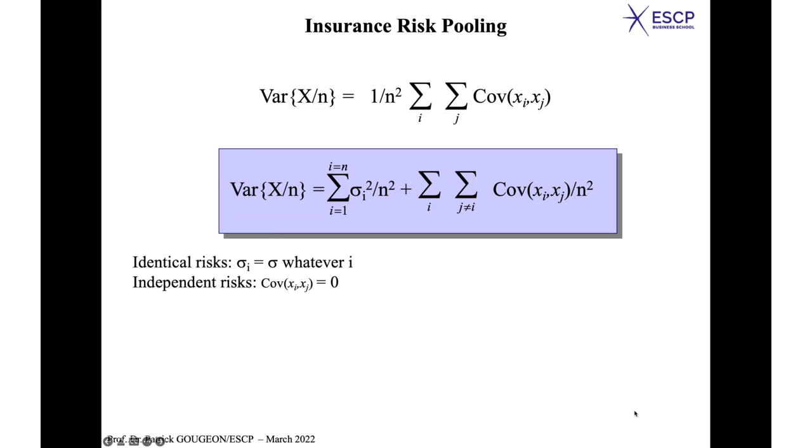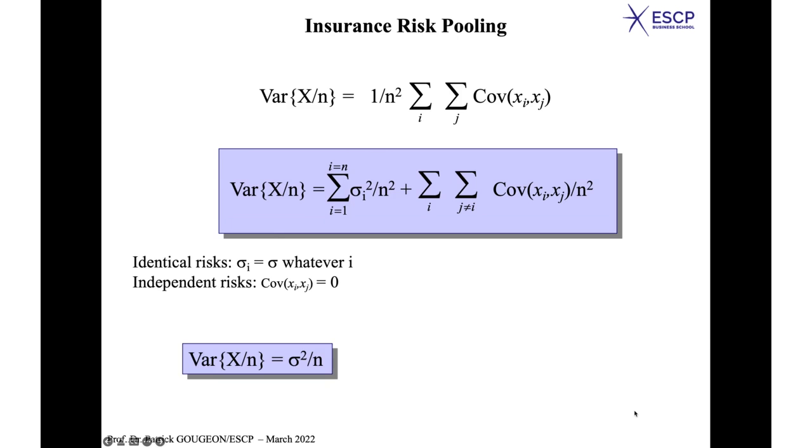In other words, the second block of my formula, which is above, is zero because all the covariances are null. Now, if I look at the block with variances, we have assumed that all the risks were similar. In other words, sigma i is the same whatever the individual considered. Okay, so we have sigma i equals sigma for each value of i.